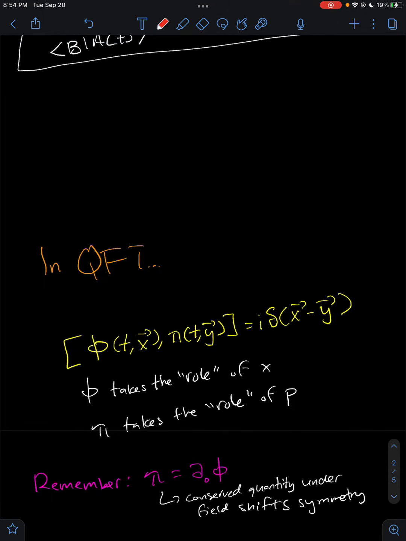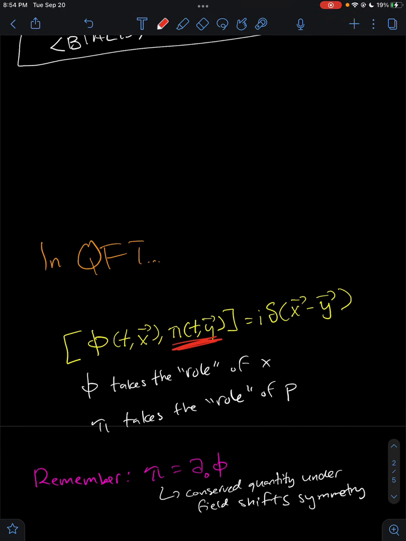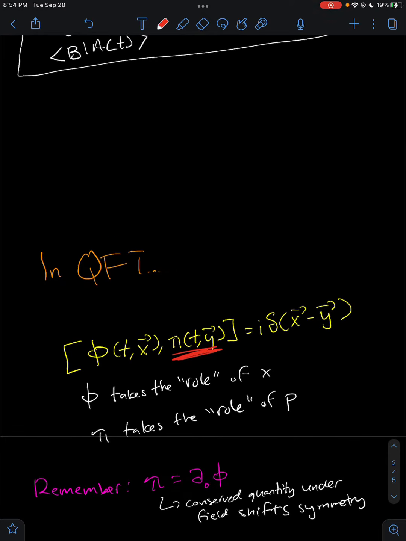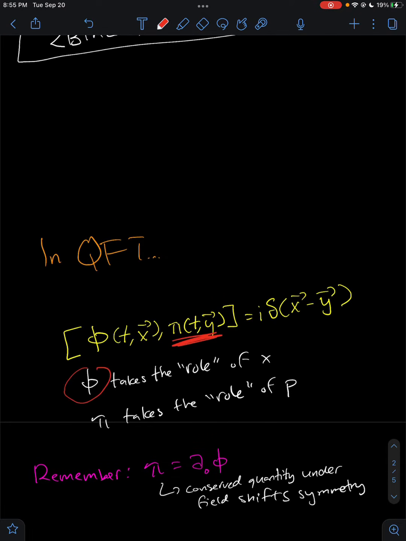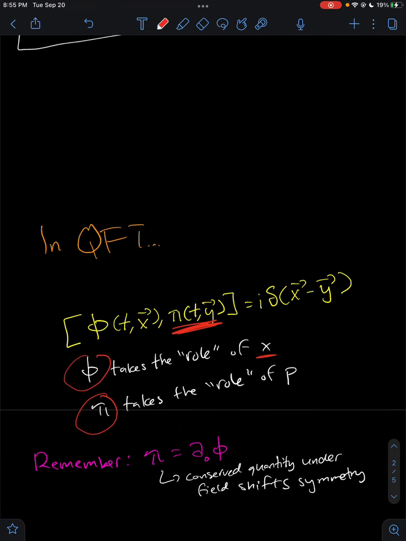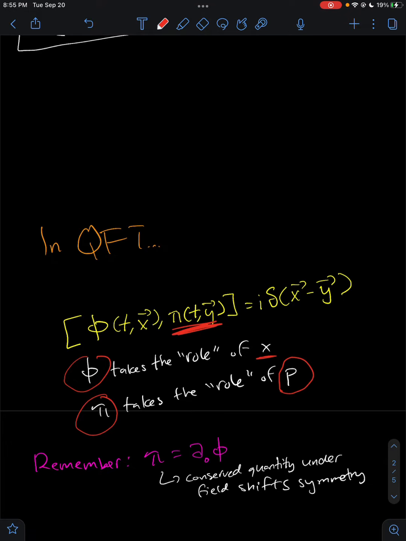This motivates why we see this field momentum conjugate in this commutator. Basically, the field phi takes the role of x, and the field momentum conjugate pi takes the role of our momentum p. That motivates why we have this commutator.